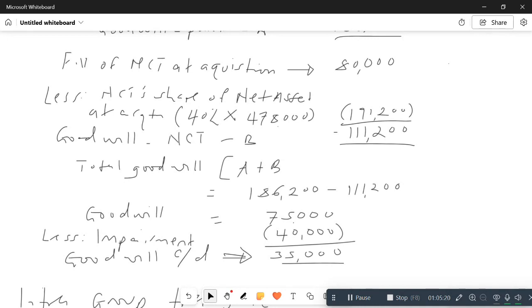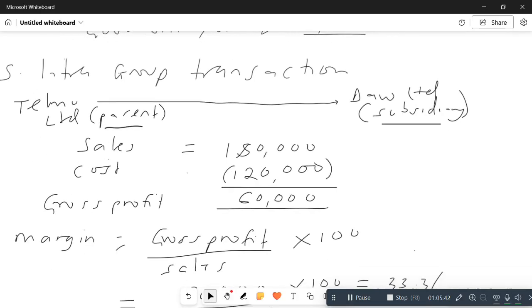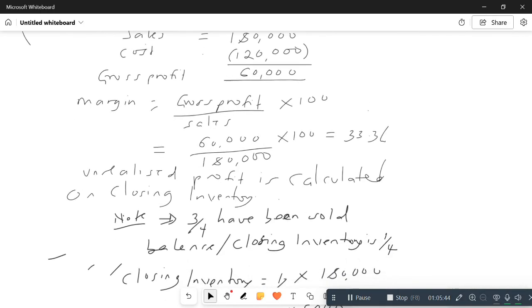So there is no goodwill for NCI. The only goodwill identified was attributable to the parent. But if this was also positive, I would share the impairment between the parent and NCI. For this case, I'm not sharing because goodwill for NCI is negative, or was a gain from bargain purchase. That's why I've not brought it at that point.